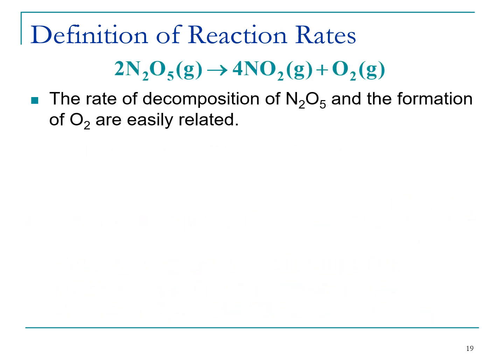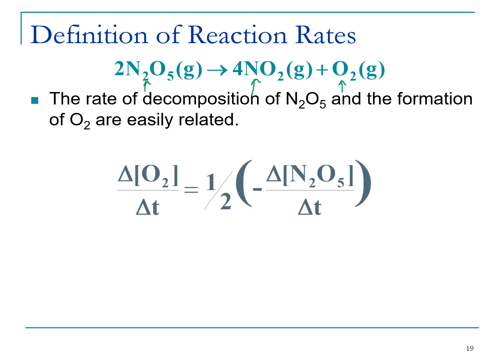And then we can compare them within our balanced equation. Notice that 1 O2 is formed, but at the same time 4 NO2 are formed and 2 N2O5 are removed, or reacted. So we can compare the rates of each one of them by dividing by the coefficient.